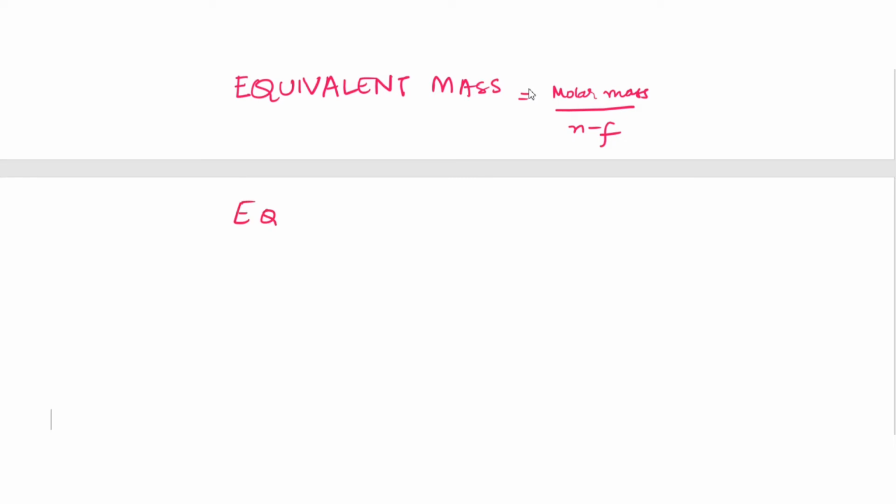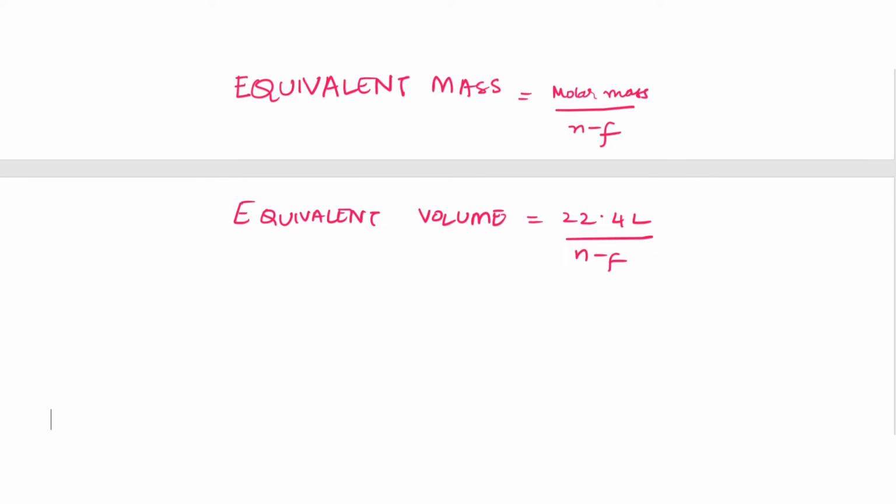I'll tell you what n factor is later. Next, what is equivalent volume? Molar volume. What is the value of molar volume? It is 22.4 liters. Equivalent volume is 22.4 liters by n factor. So equivalent mass is molar mass by n factor, and equivalent volume is 22.4 liters by n factor.